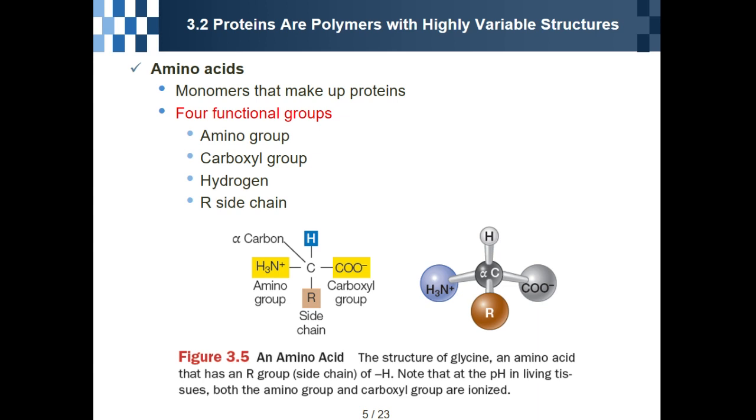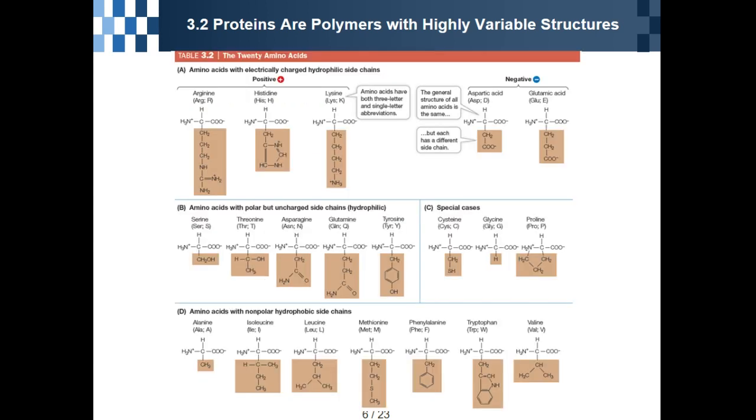They have 4 functional groups: amino, carboxyl, hydrogen, and finally the R side chain, like this. And there are 20 amino acids, starting from alanine, and there are lots of them. During my protein engineering course, I always tell the students to memorize all of the structures.